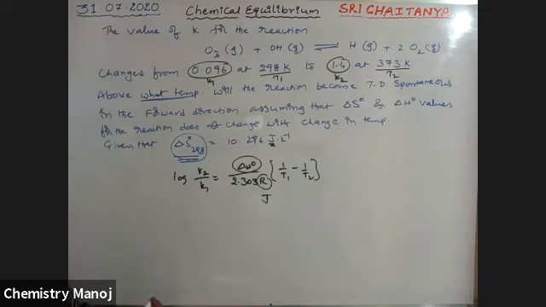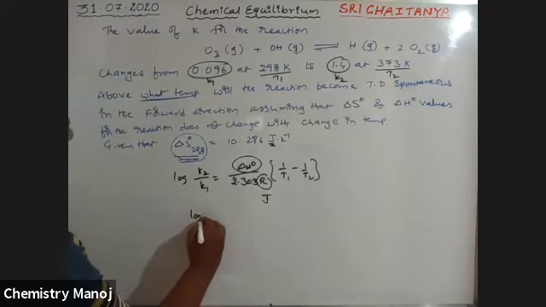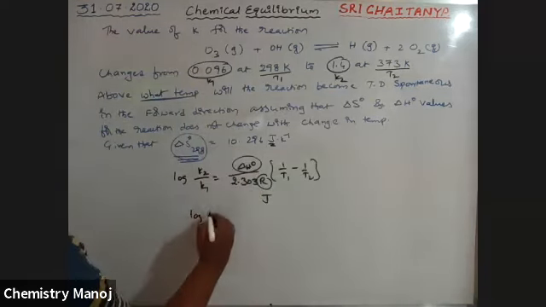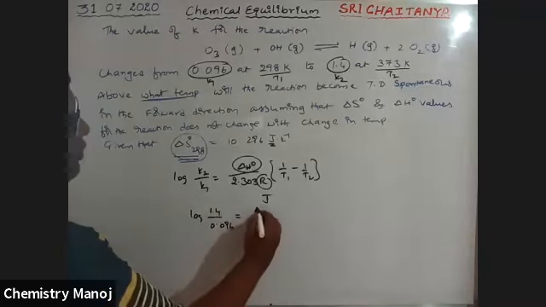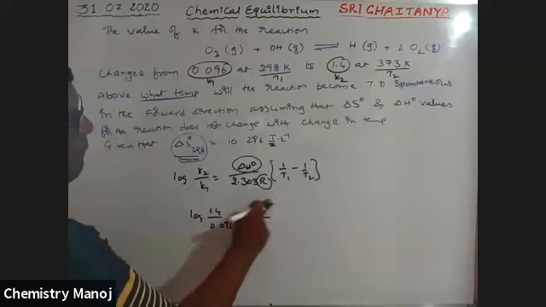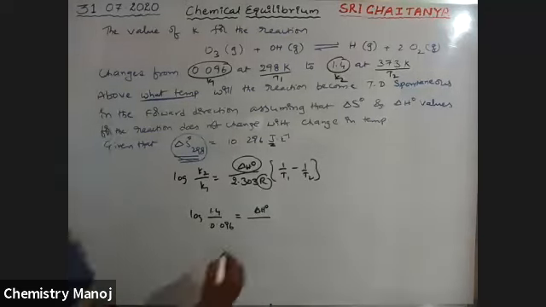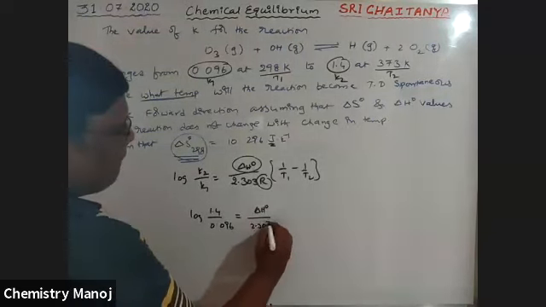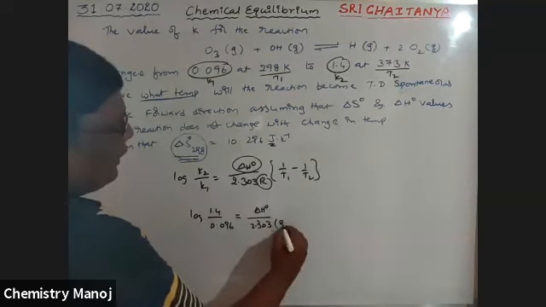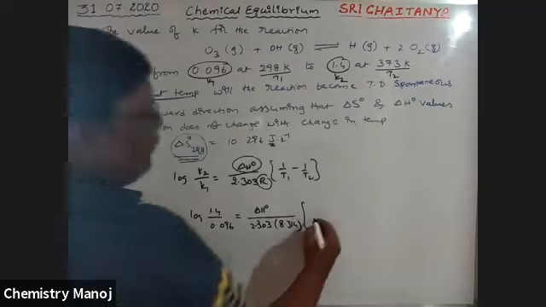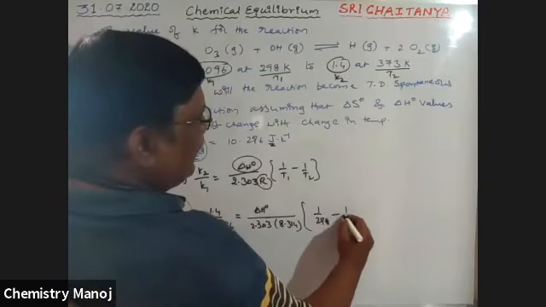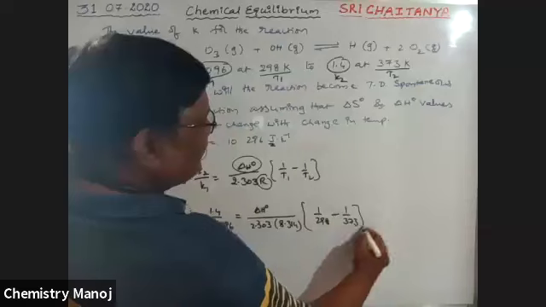So therefore our formula is log K2 by K1, 1.4 by 0.096, is equal to delta H naught by 2.303 into R value 8.314 into (1 by 298 minus 1 by 373).